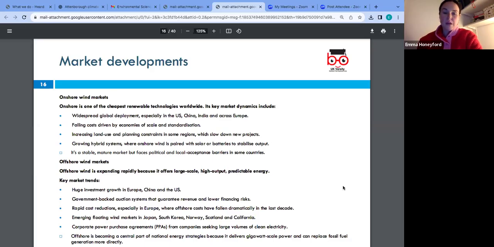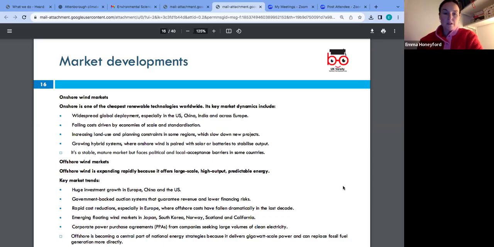So also worth highlighting growing hybrid systems where offshore wind is now being paired with solar or batteries to stabilise output. So it's a stable, mature market, but faces political and local acceptance barriers in some countries. So I guess where it is an area that is populated with local people, they are going to have issues with this. So that's kind of a human factor to think about there in terms of barriers.